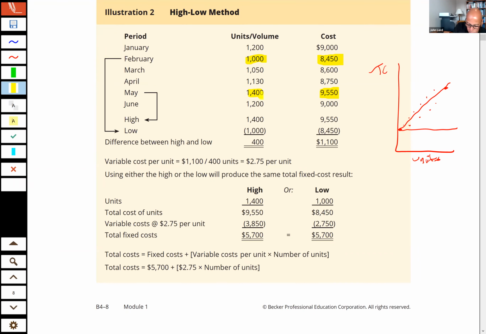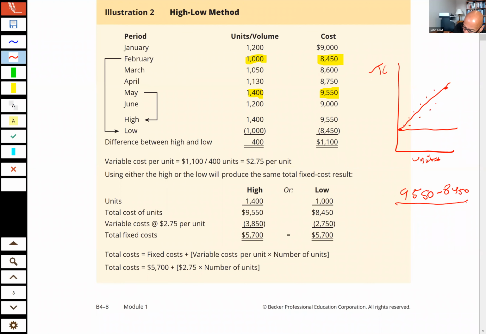Okay, and so we go ahead and say, well, if that's the case, we take our 9550 minus our 8450.